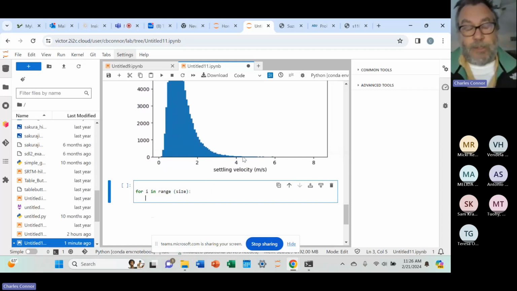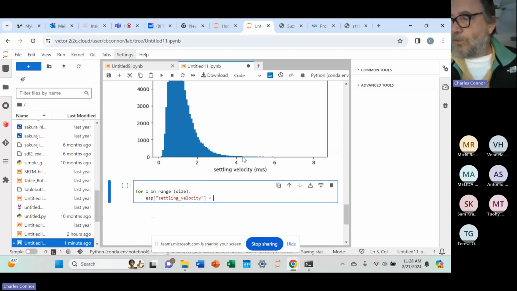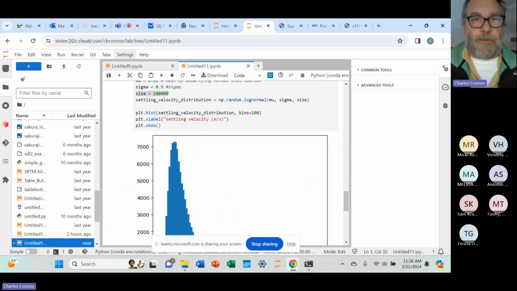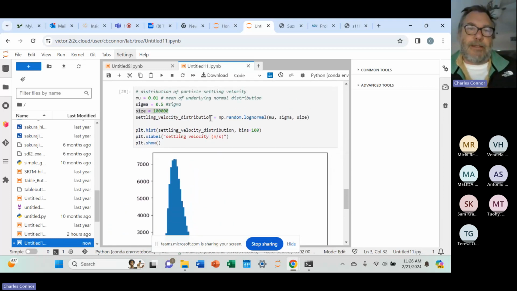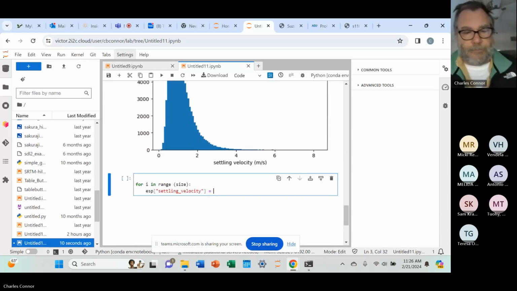Then inside that loop, I'm going to reassign the value of the ESP, eruption source parameter. I'm going to reassign the value of the settling velocity. So I'm going to say ESP bracket, got to spell it right, settling velocity. That's going to be equal to, and the name of my distribution up here is the settling velocity distribution, i, right?